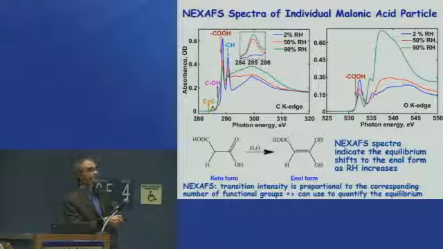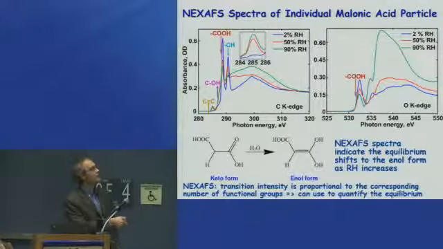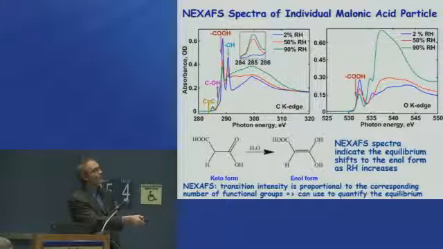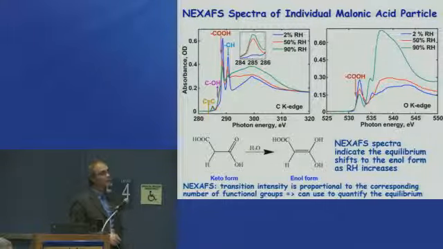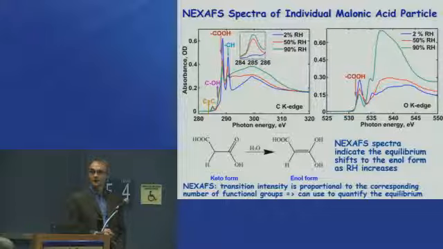As you increase relative humidity, you start to observe an increase in the transitions that correspond to C double bond C, C-OH, and the corresponding decrease in COOH and CH. So this is what you observe at the carbon, and the corresponding changes are also present at the oxygen K-edge. And if you think about it overall in terms of the corresponding changes, you will come up with this keto-enol type of reaction.